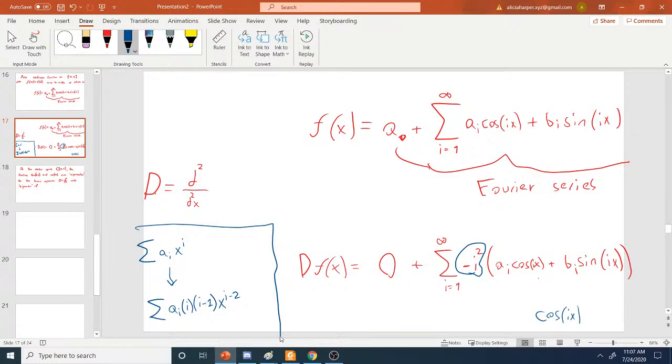Whereas when you differentiate a Fourier series, the index of the coefficient stays next to the index of the function, and all that changes is you get a slightly modified coefficient. So Fourier series are nicer to differentiate than Taylor series.